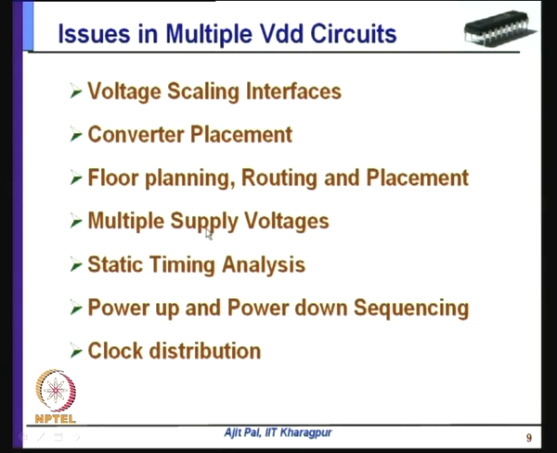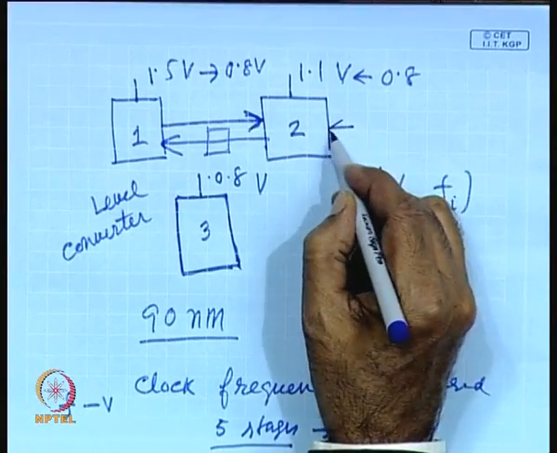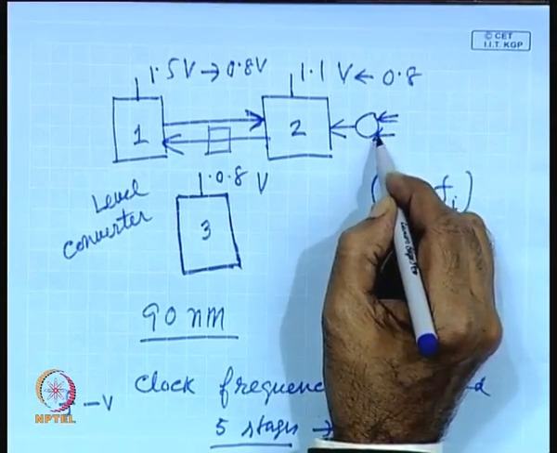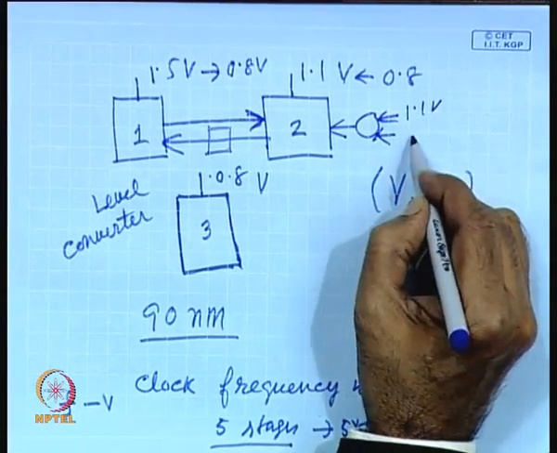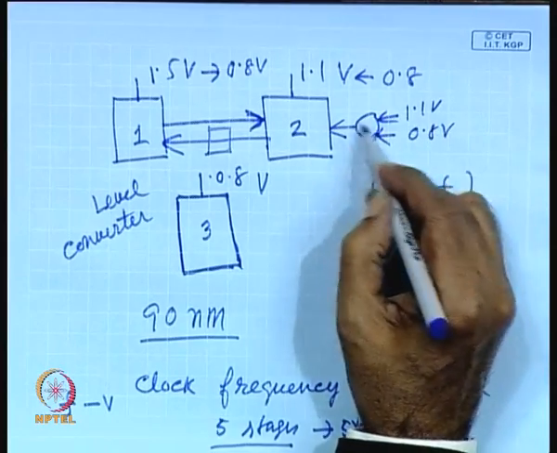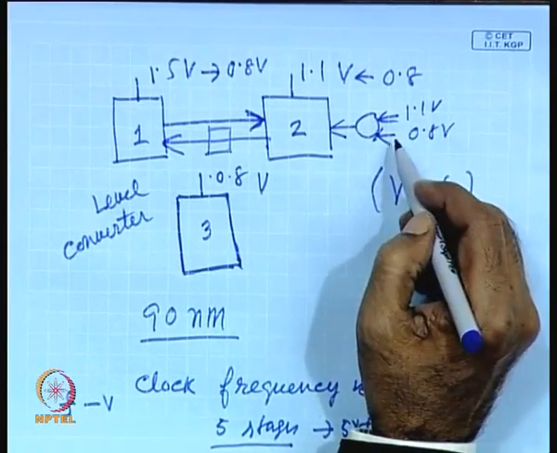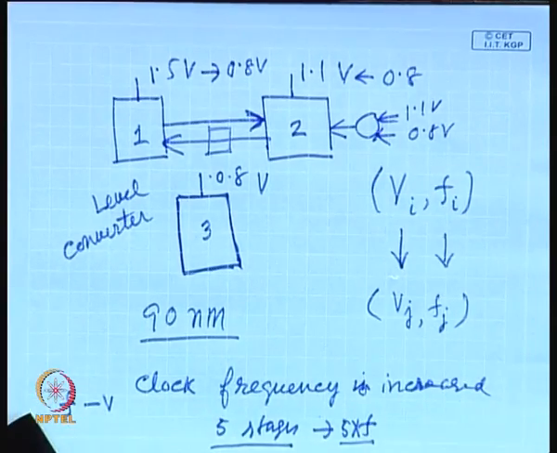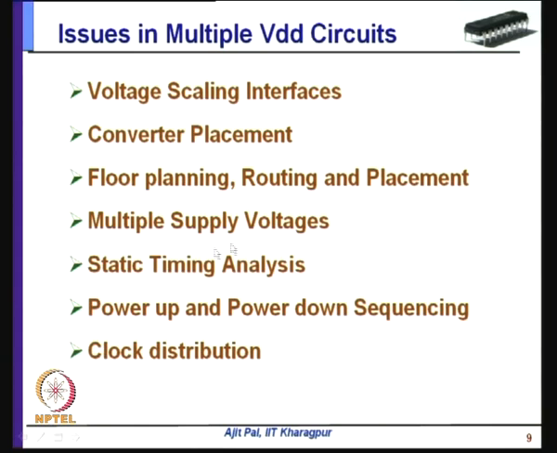For example, if this module is operating with multiple voltage switching, then you will require two voltages, say 1.1 volt or 0.8 volt, and you have to switch this voltage, and obviously this will require additional complexity, because multiple supply voltages are to be taken to different parts of this hardware, and in this case the static timing analysis becomes very complex.